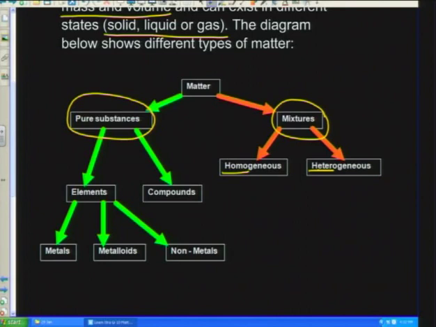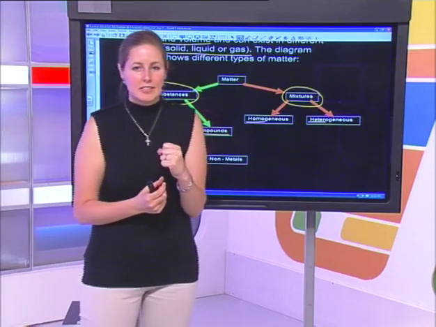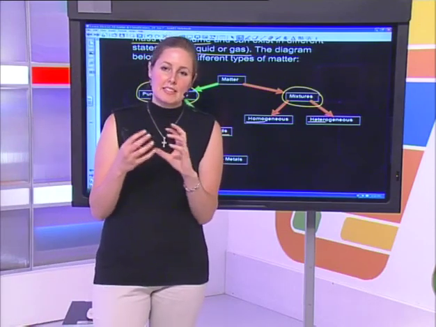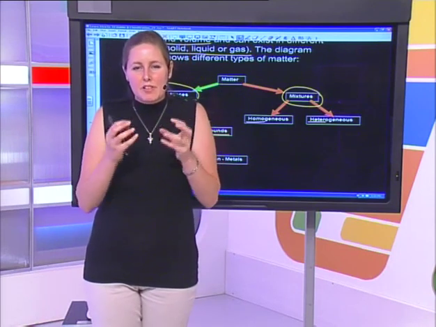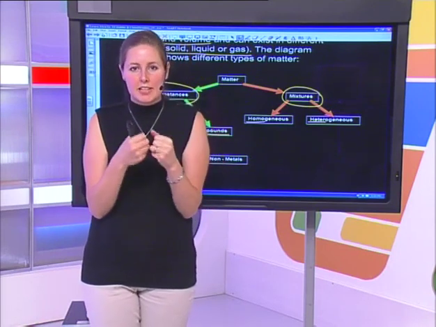If we come across now to pure substances, they would include elements as well as compounds. So let's go and talk through elements and compounds. I'm going to start with compounds. Compounds would be pure substances that can't be separated physically, but they are made up of different things that have chemically bonded together.